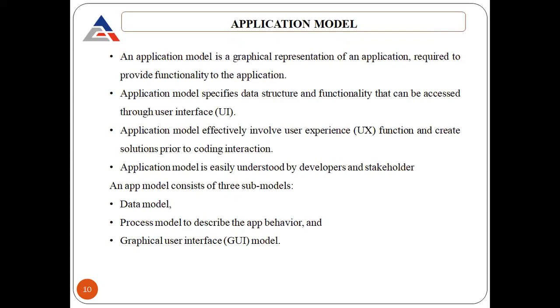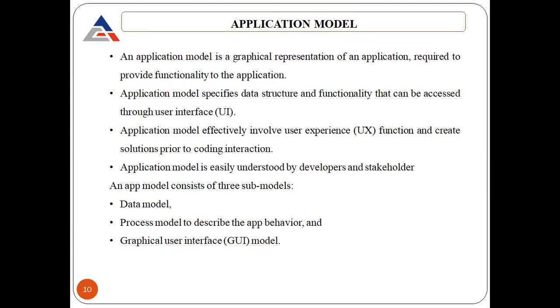With the help of this, we can define the various operations that are being done when we start the application, and how the application performs whenever we click on any particular operation. So the application model is a graphical representation of an application required to provide the functionality of the application. Functionality means how it will work whenever we want to perform any operation.